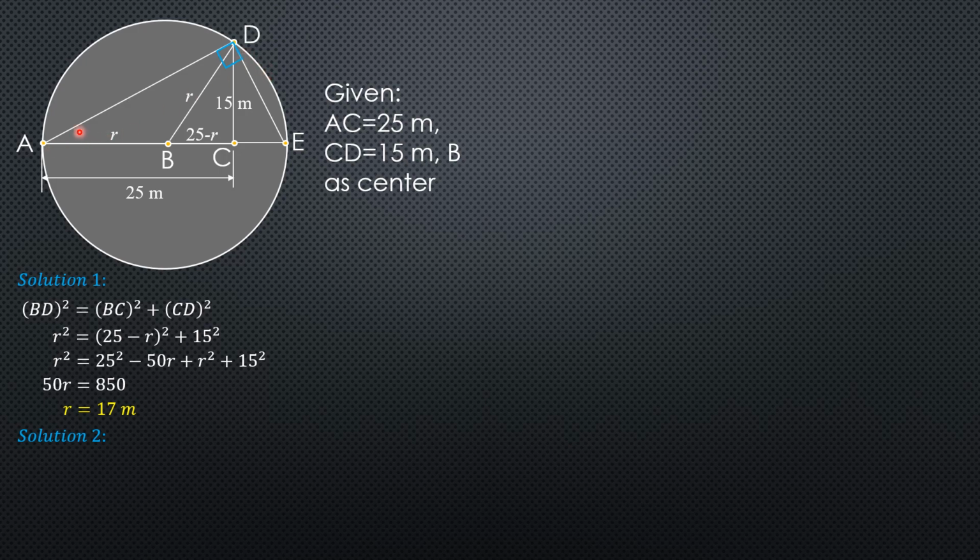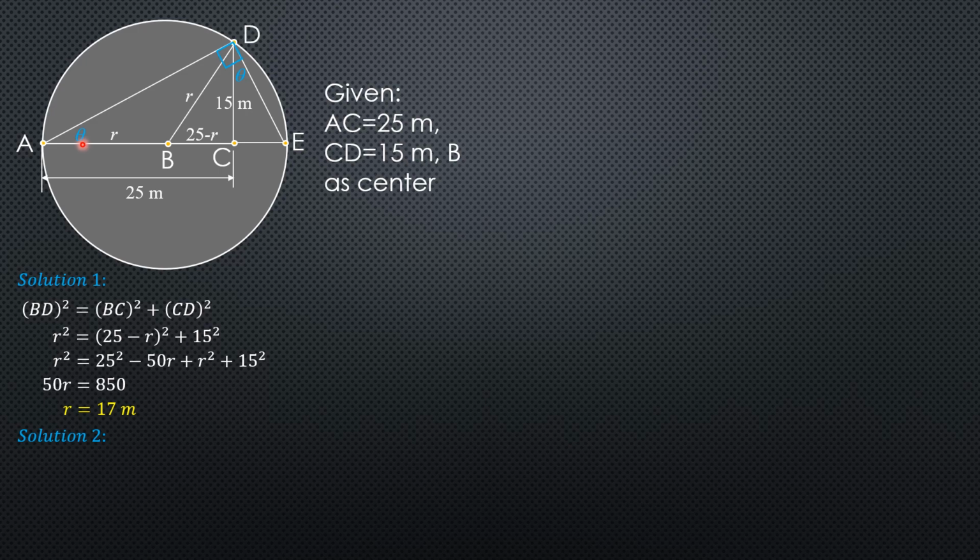Therefore, because ADE is a right triangle, if we call this angle theta, then this angle here, because ACD is a right triangle, ADC, is 90 degrees minus theta. And since this is 90 degrees, therefore this angle here, CDE, is also theta. So we have similar triangles, the triangles ACD and the triangle ECD.